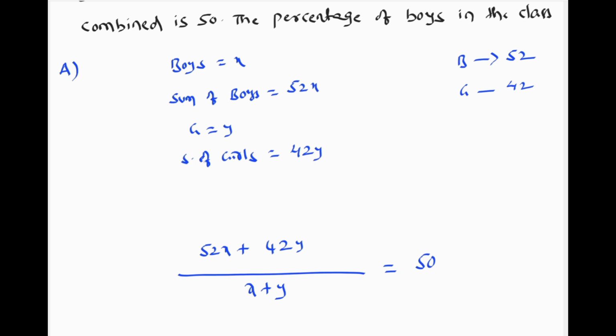Therefore the sum of the marks of girls is 42 into y. It is given that 50 is the combined mean. So by the mean formula, marks of boys plus marks of girls, whole by the number of boys and girls.